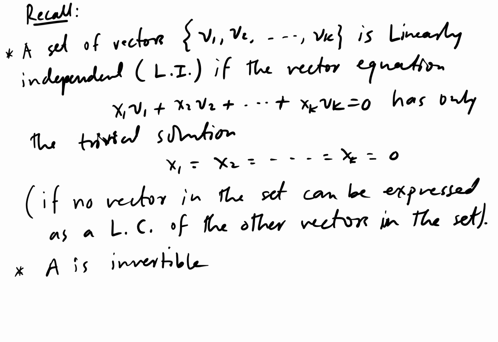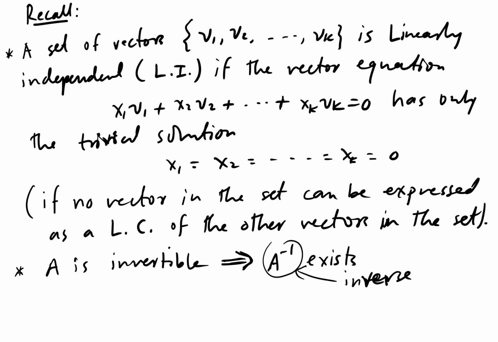And at the same time, if it's invertible, this arrow means in mathematics implies, it has an inverse. A to the -1 means the inverse exists. So this means the inverse of A. It's a notation.